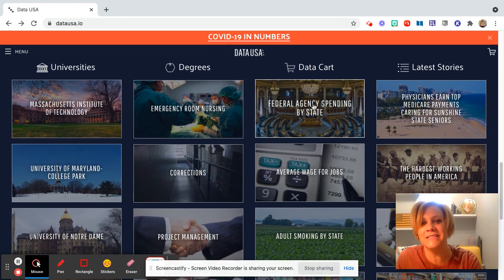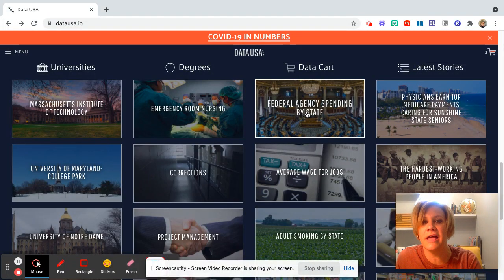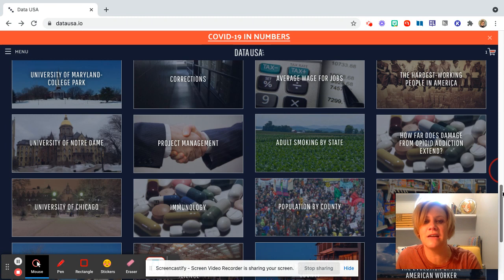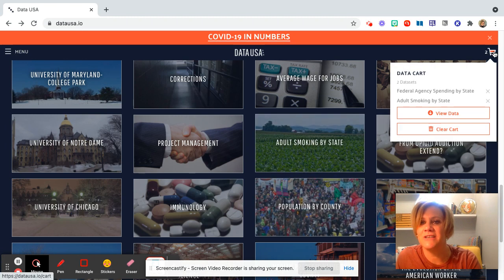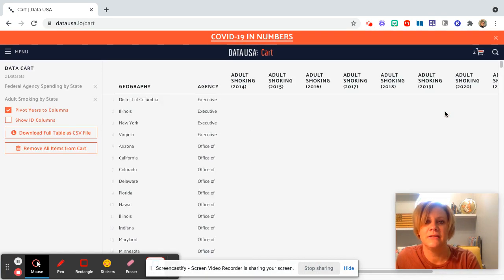So if I go into Data Cart, you'll notice my cart filled up right here, and I can view the data. So it's federal agency spending by state, and let's do that adult smoking by state. So now I can view the data, and it allows me to see the data across the board.